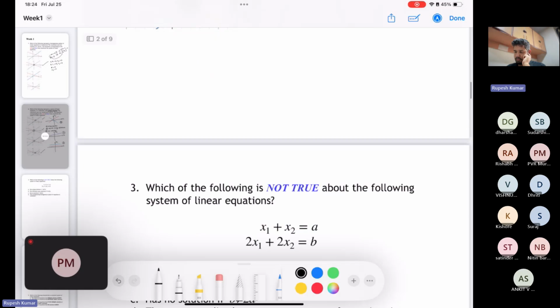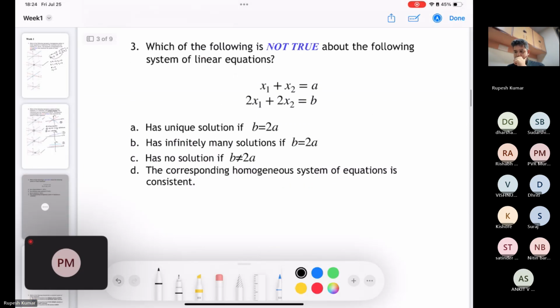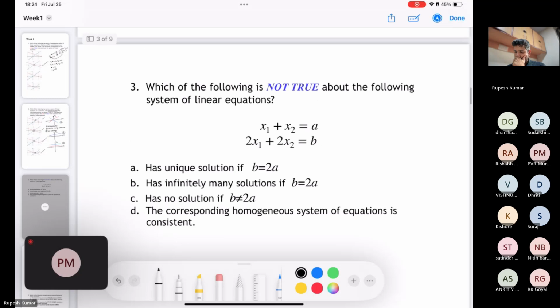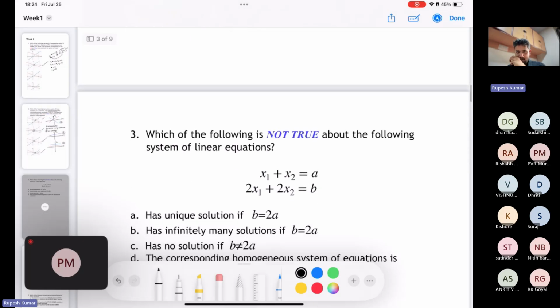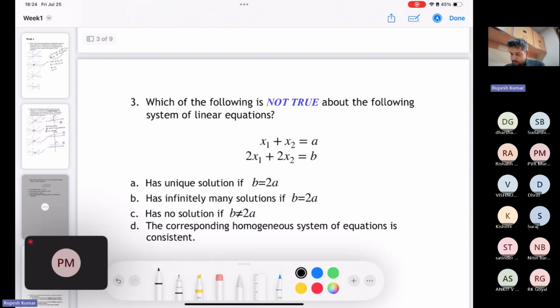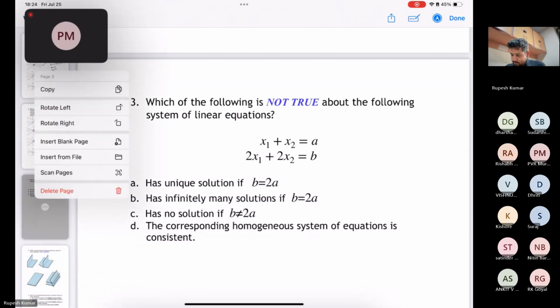Fine. So should we proceed? Am I audible? Great, great. So let's start. Let's proceed. I hope my text is also visible clearly.